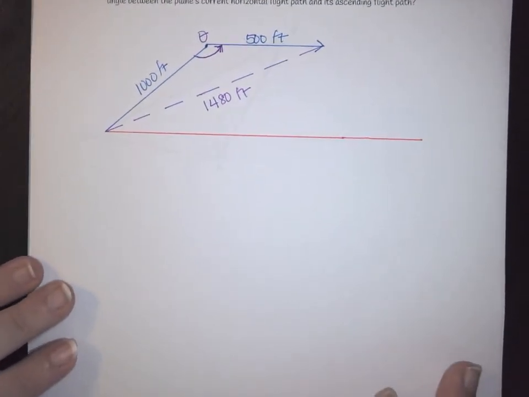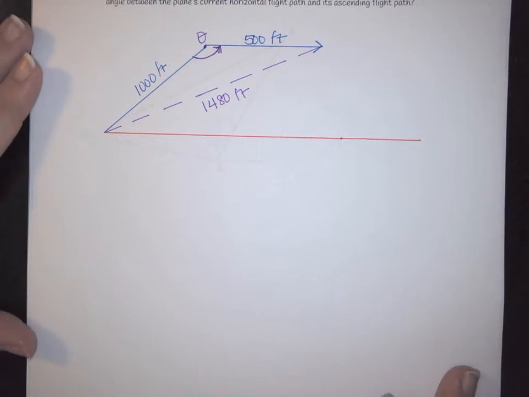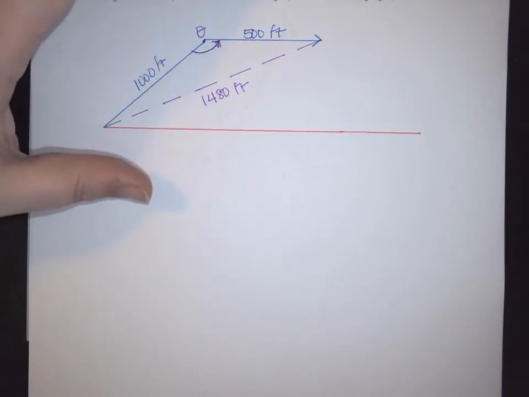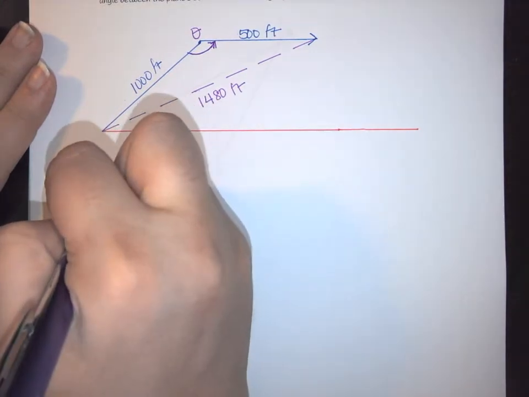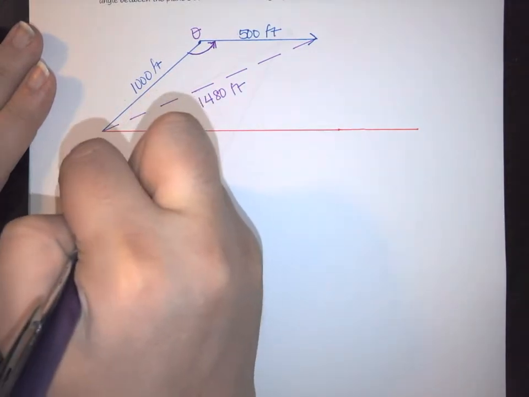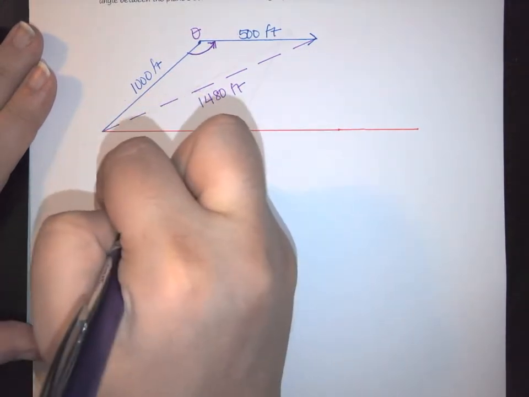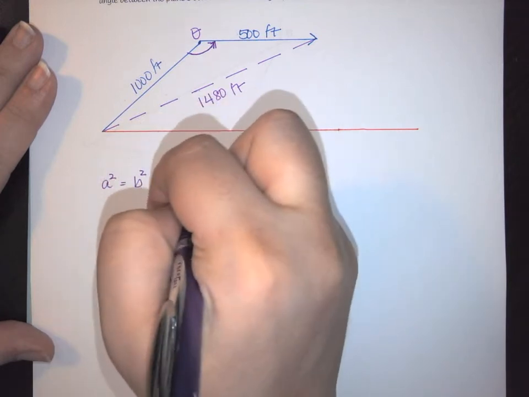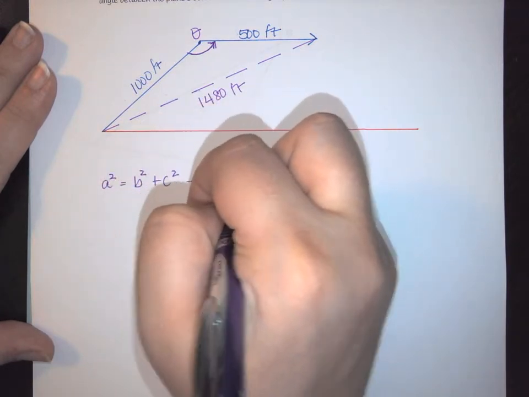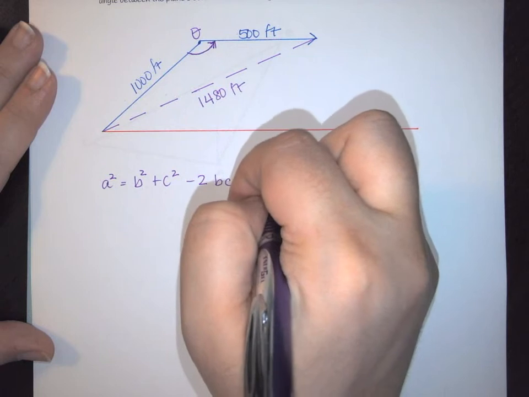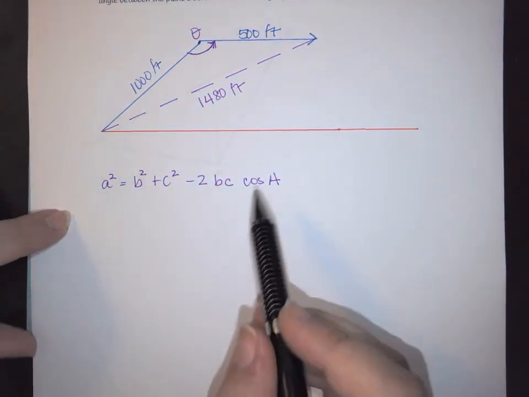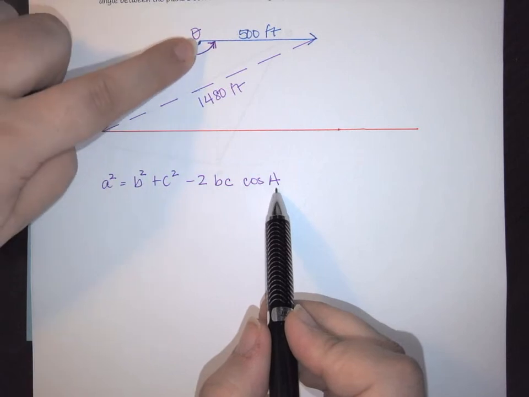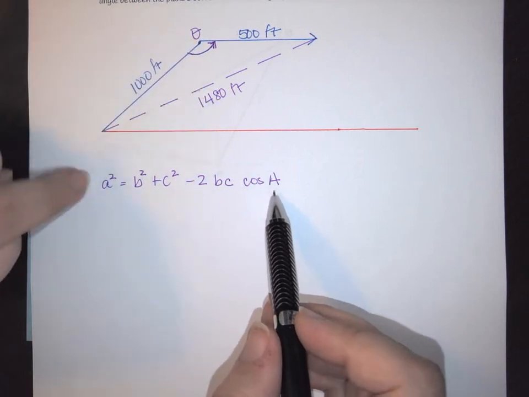So the law of cosines essentially says a squared equals b squared plus c squared minus 2bc cosine of A. So here the angle A would be my missing angle, so across from it is going to be a squared.